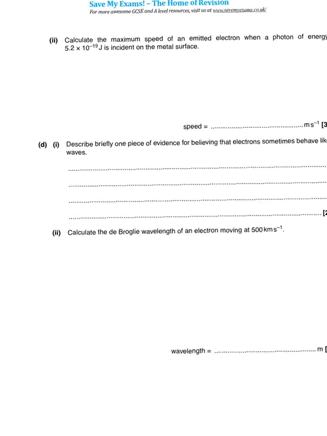In this case, it would be roughly 2.5 electron volts. Even though the question did not ask us to do that, I still did it, just to remind you that electron volts are an important part of this topic and how to convert between them.